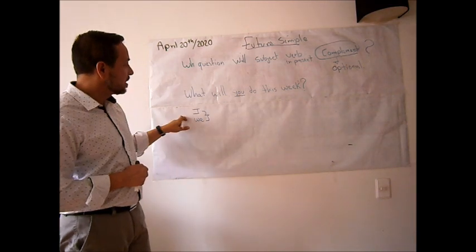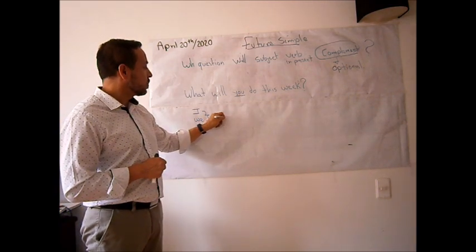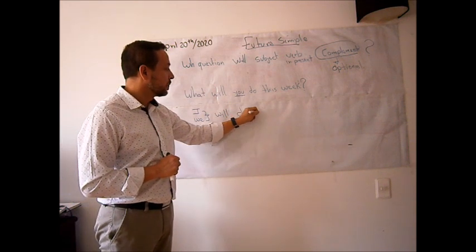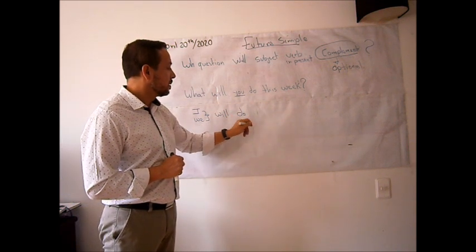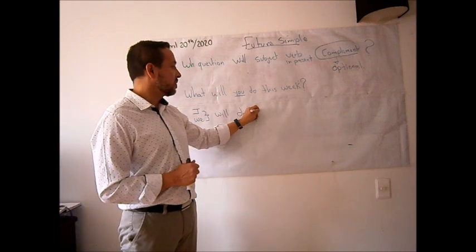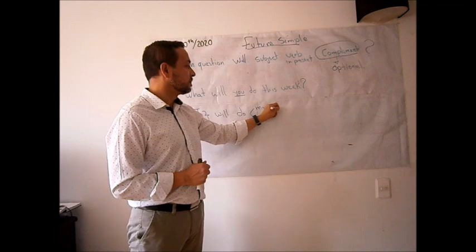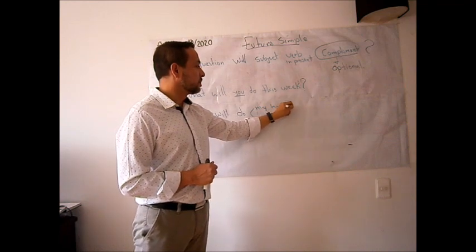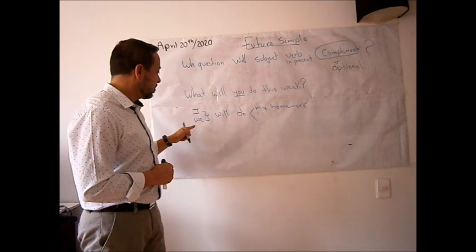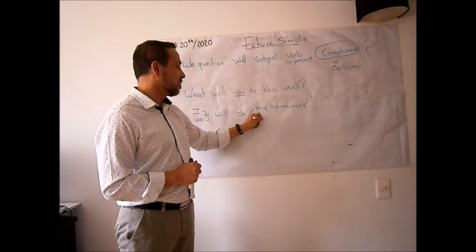Okay, for example, I or we will do. If you use I, you say, for example, my homework. If you use we, for example, you say our homework.